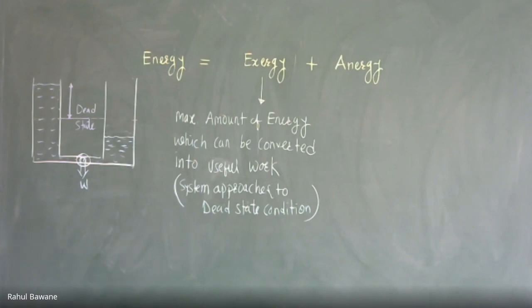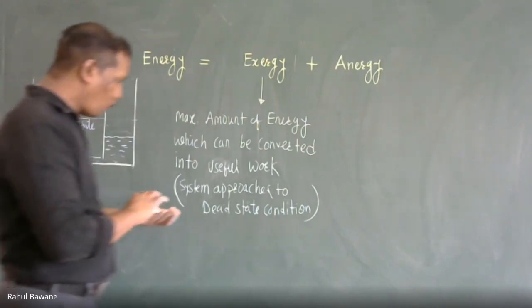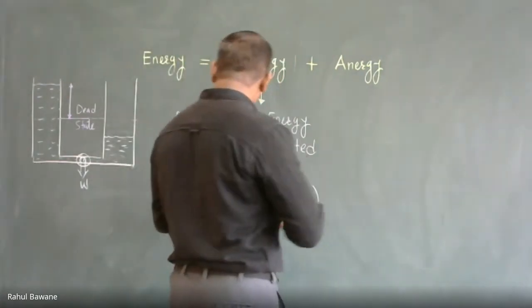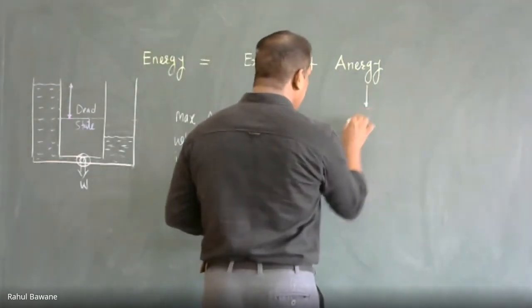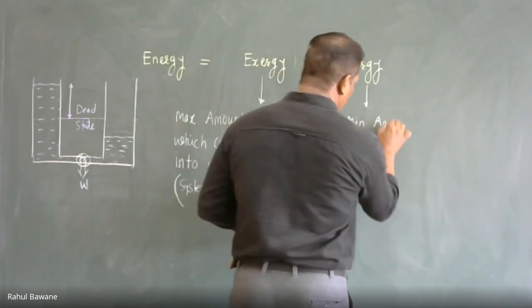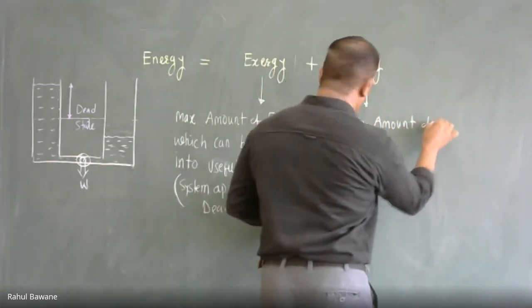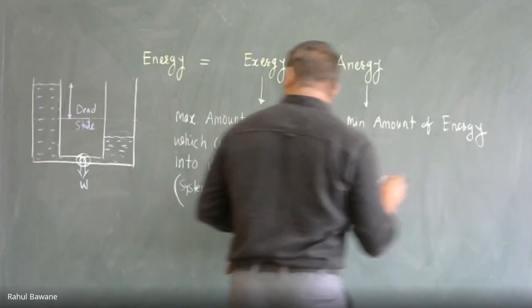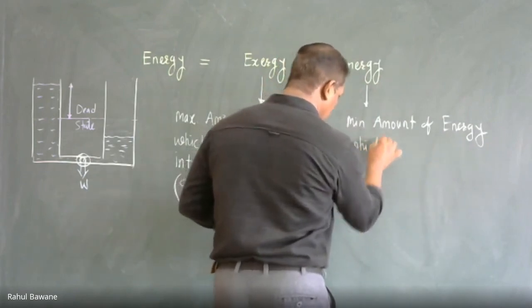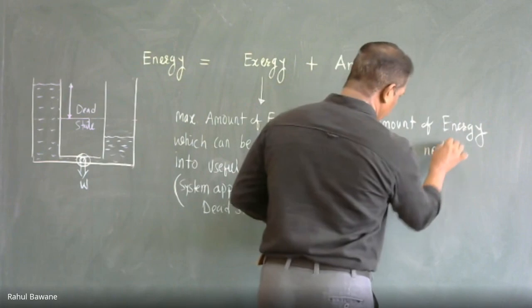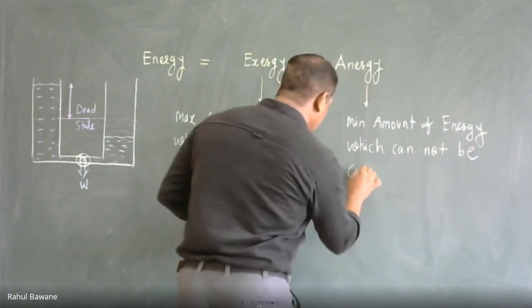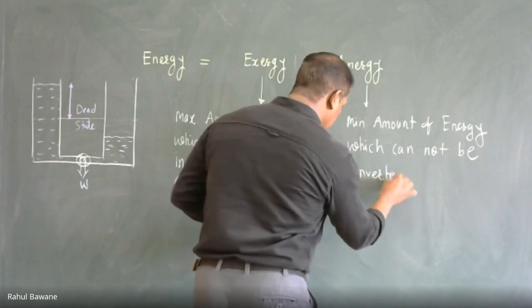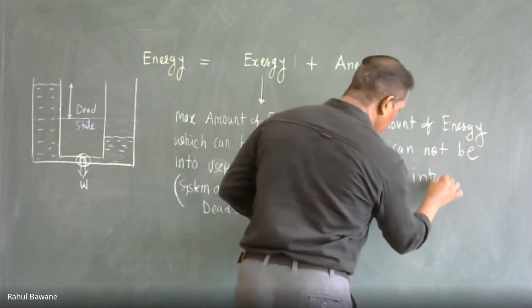So anergy is the minimum amount of energy which cannot be converted into useful work.